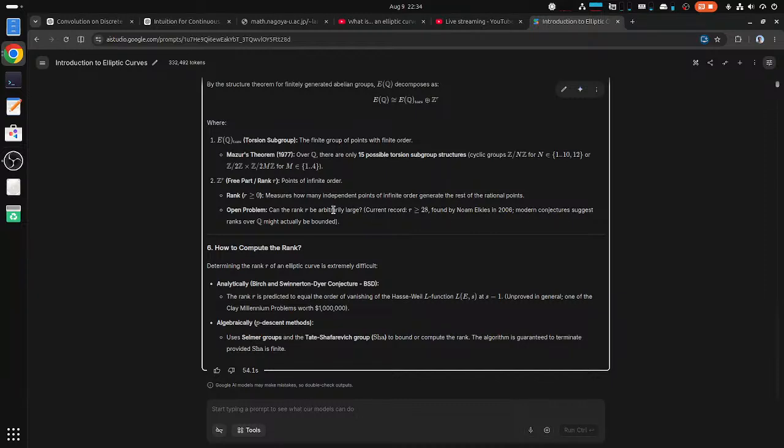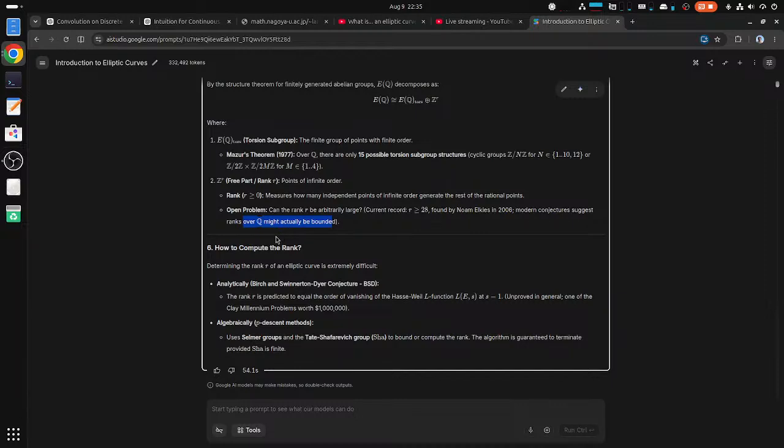Notice here, that's the same thing again. The conjecture suggests that ranks over Q might actually be bounded. Q might be infinite or very big, but the ranks over Q might actually be bounded, or finite.